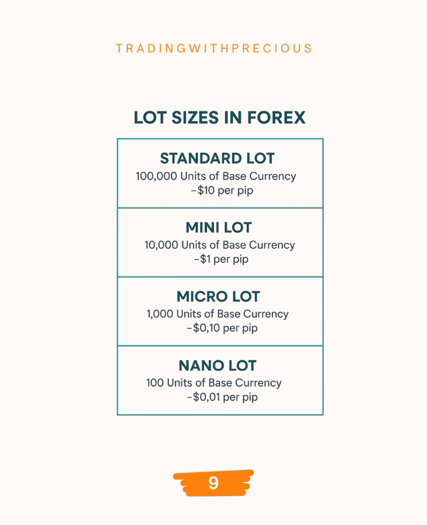So for example, the standard lot size is from 1 lot and above: 1 lot, 2 lots, 3 lots, 4 lots. All these are standard lot sizes. For the mini lot size, we have 0.1 to 0.99. For the micro lot size, we have 0.01, 0.02, 0.03, 0.04.